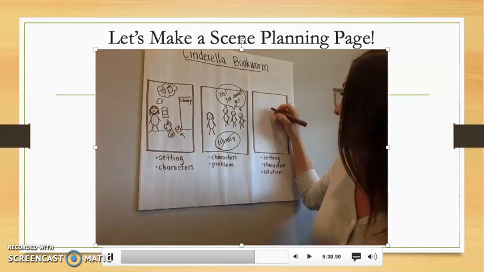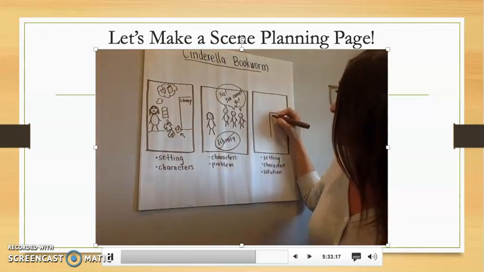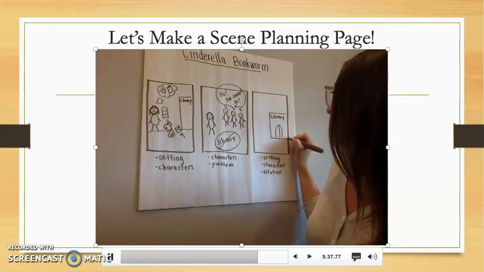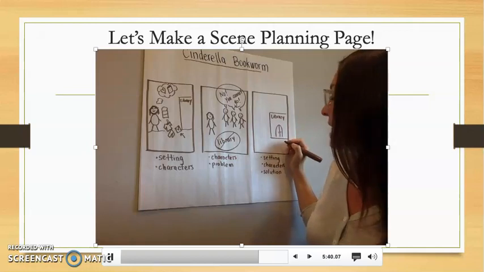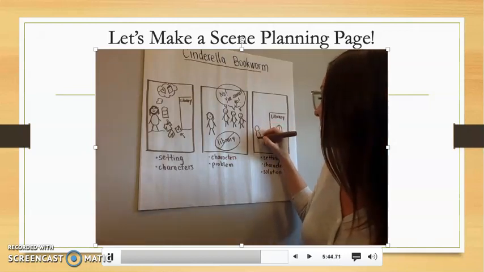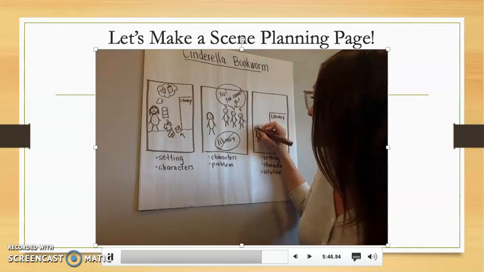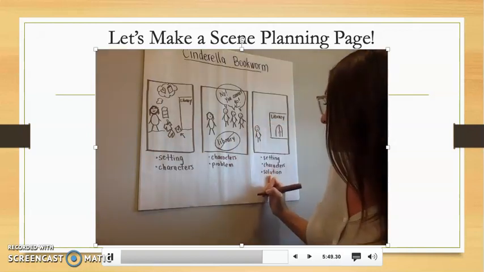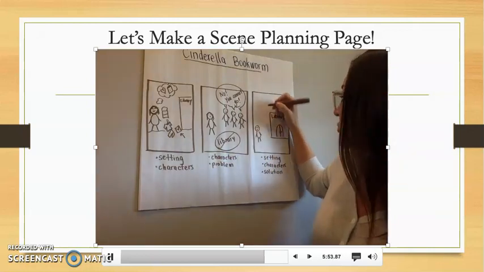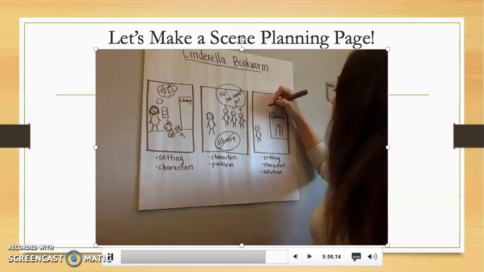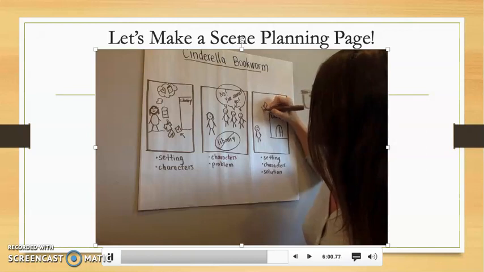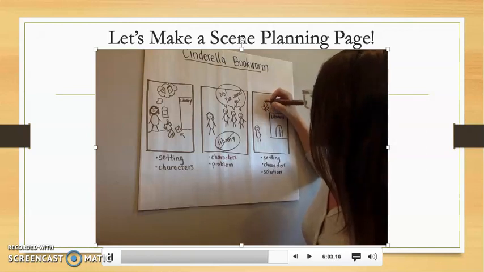So I'm going to draw the library. Again, like a castle with these doors. And I'm going to draw Cinderella, my main character, being happy again, because the solution is going to make the main character happy at the end, hopefully. And I'm going to draw the book fairy. I think I'm going to draw her having like pages from a book as her wings.